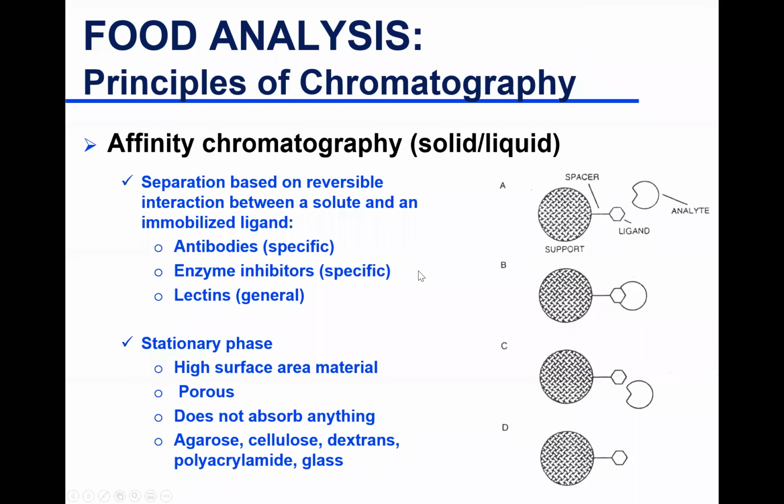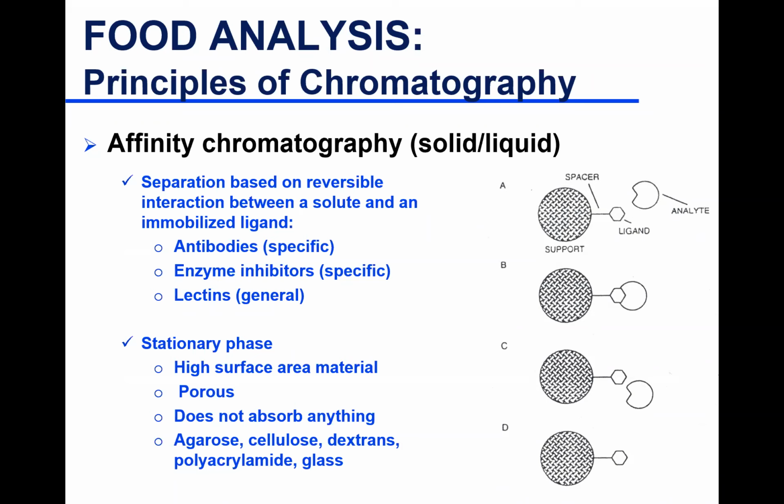Sometimes you want to isolate enzyme inhibitors or enzymes. So you have a mixture of enzymes and you want to purify a specific enzyme. Your ligand in this case would be an enzyme inhibitor. So it will react with the enzyme via very specific interactions.